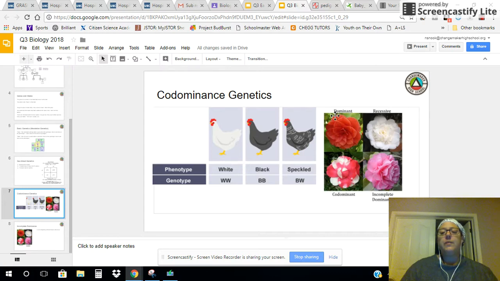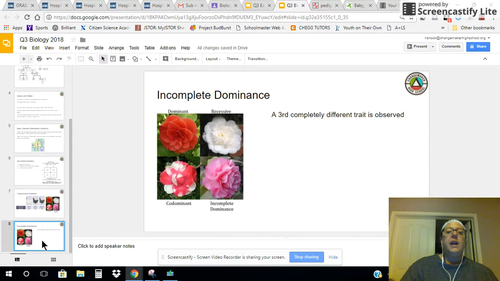Here's another example with flowers. You have a red dominant flower mixed with a white recessive flower, and you end up with a red and white flower. And we're going to talk about the pink flower in just a moment, but you need to know that when you mix a dominant with a recessive and you get half and half showing up in the offspring, that is a codominance genetics example. In the incomplete dominance, where we get the pink flower, that is a completely new and different trait that is observed.